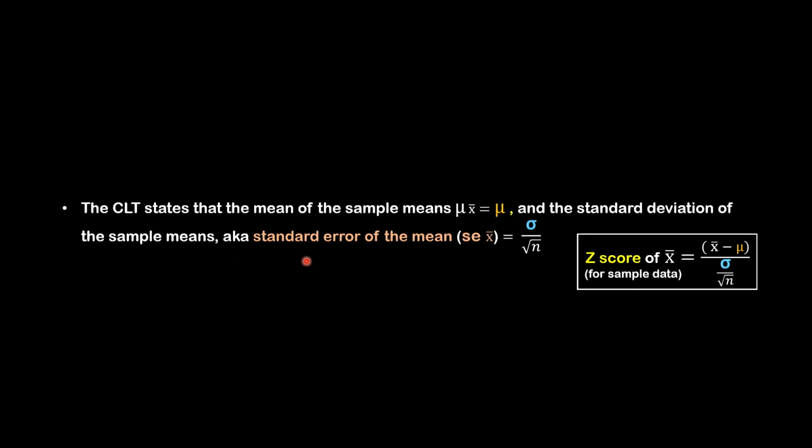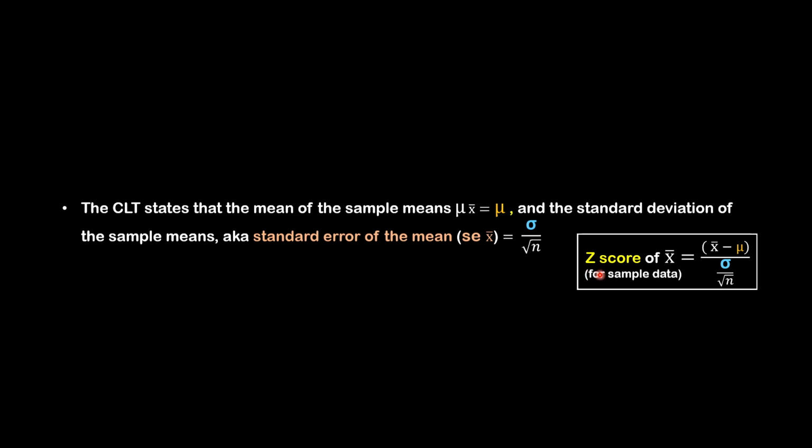If you didn't know what the standard error is, now you know. And it's equal to the population standard deviation sigma divided by the square root of n, where n is the sample size. So that's, again, according to the CLT. From this, you can also infer sigma when it is unknown. When you don't know the population standard deviation, you can get a pretty good estimate by multiplying the standard error by the square root of n.